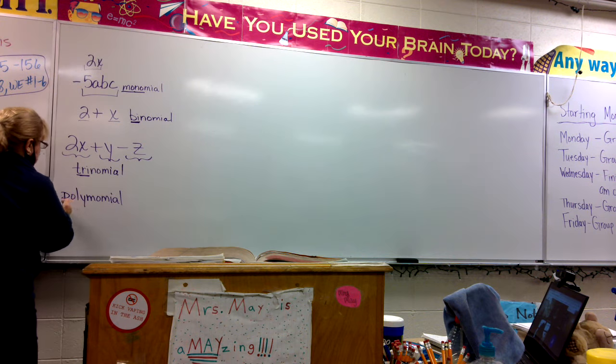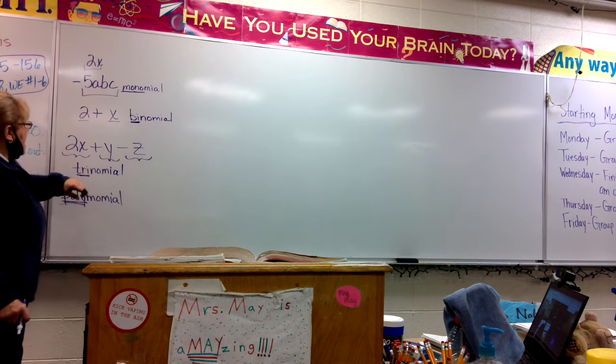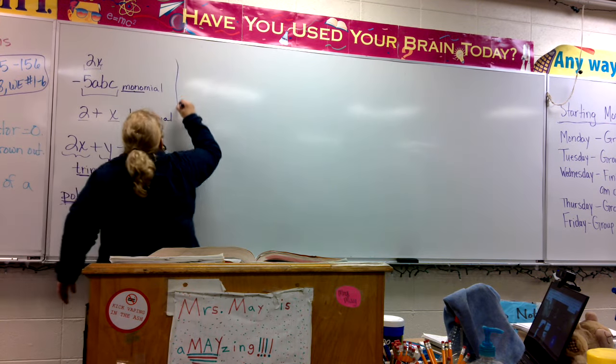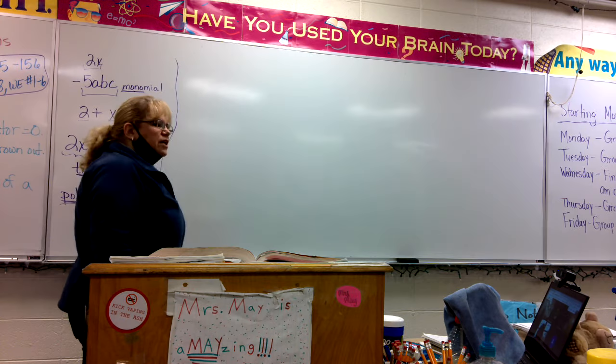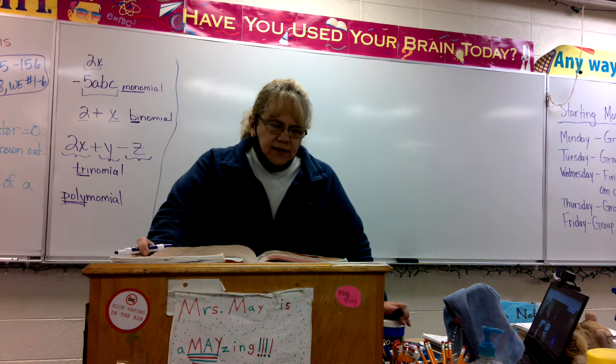Tri means 3, poly means many. So 1 is mono, 2 is bi, 3 is tri, and more than 3 is polynomial.